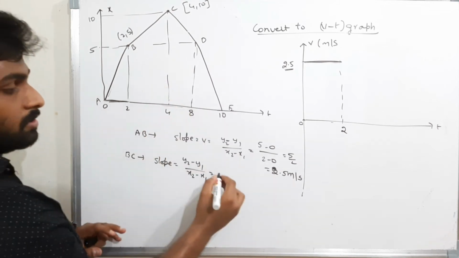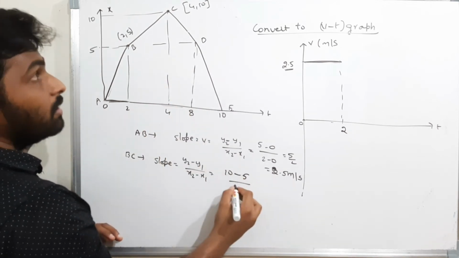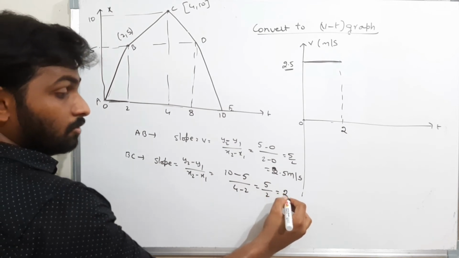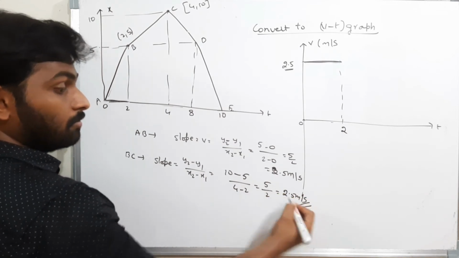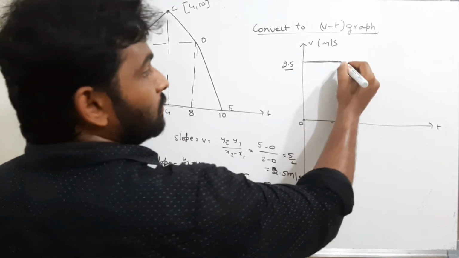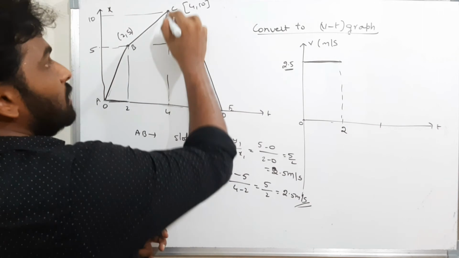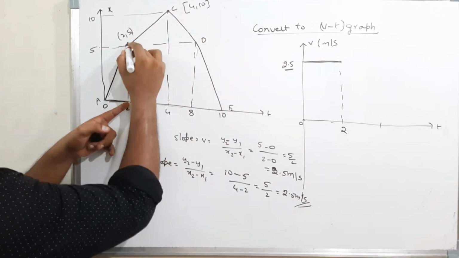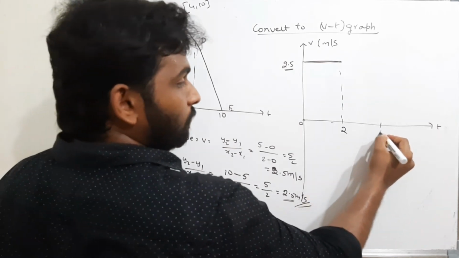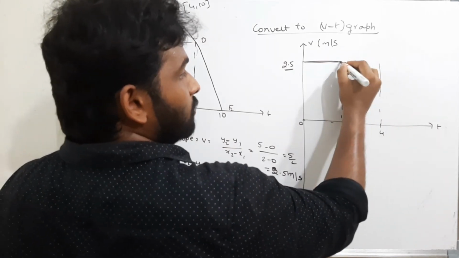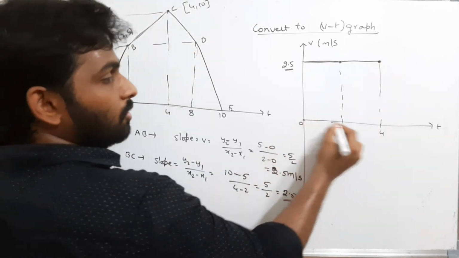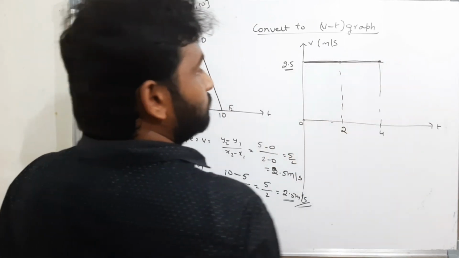Now use the formula: 10 minus 5 by 4 minus 2 is 5 by 2, that is 2.5 meters per second. Here also we got 2.5 meters per second. That means from 2 to 4 seconds, the body is moving with velocity 2.5 meters per second. Therefore, from 0 to 4 seconds, it is moving with a constant velocity of 2.5 meters per second.